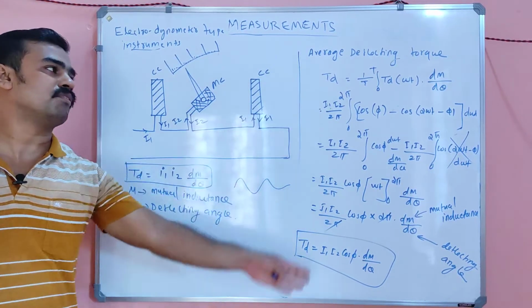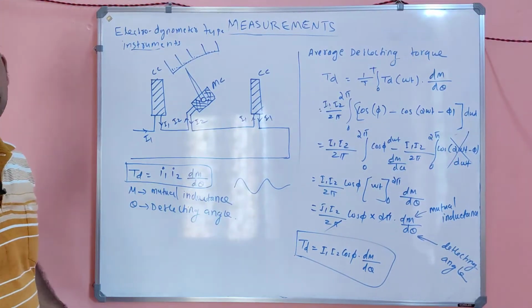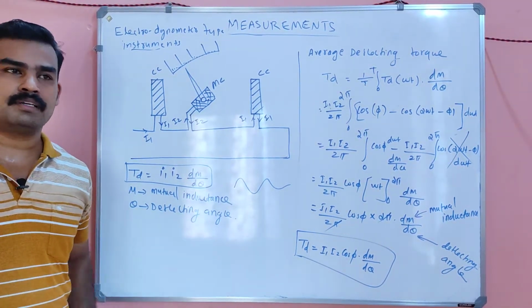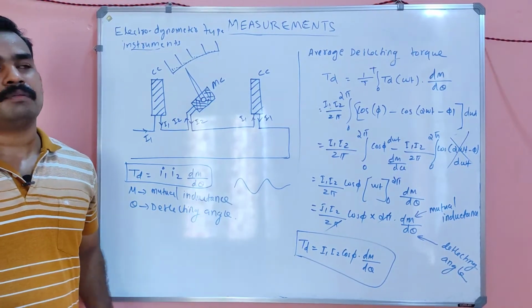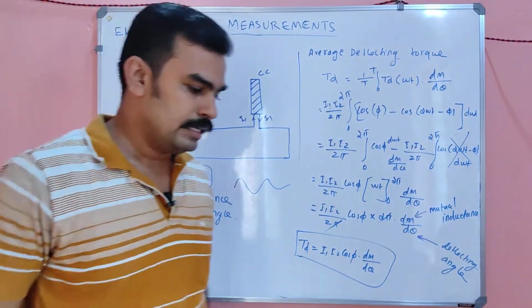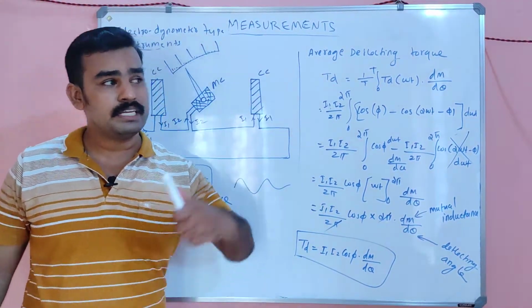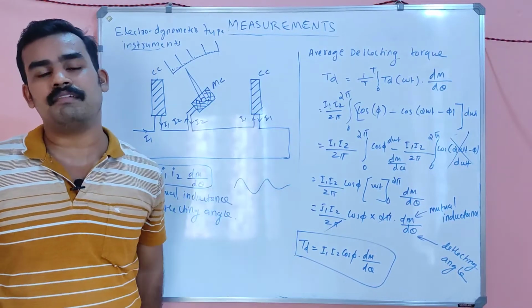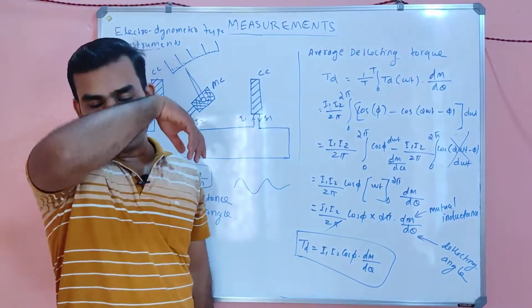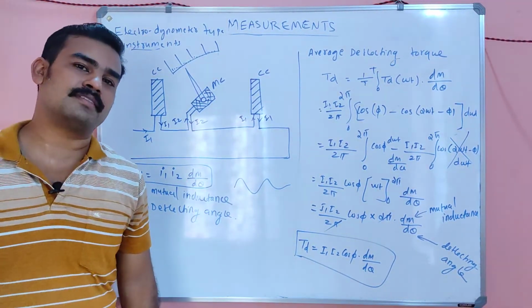No need to derive or remember all this, but you may have an idea how it is obtained. The easiest derivations we can do in our classroom, because they are easily understandable. But if the derivation is very big, especially in electromagnetic field theory, which I will take after a few days, that contains very huge derivations. Deriving all of these in the classroom, one subject needs at least 3 to 4 months.